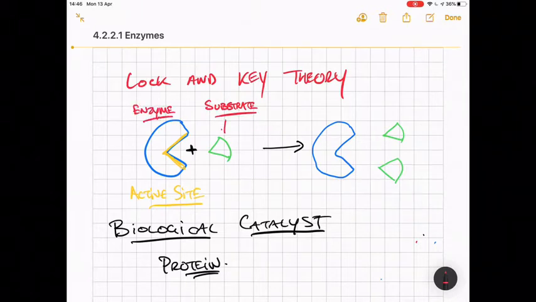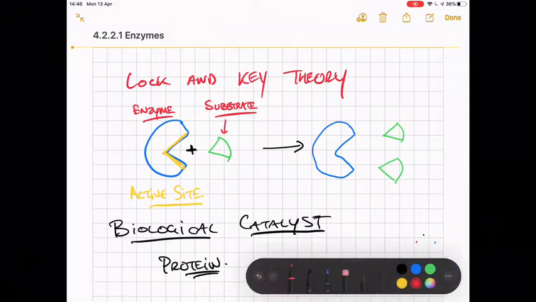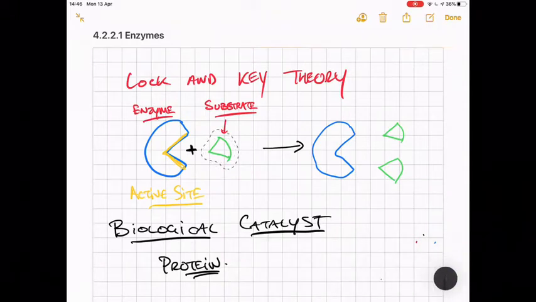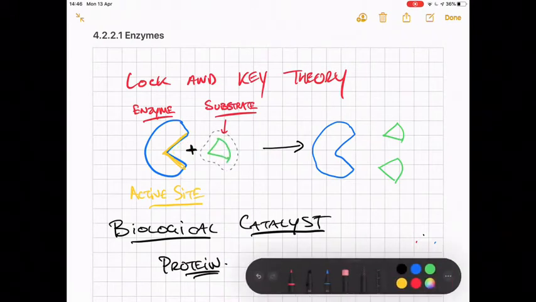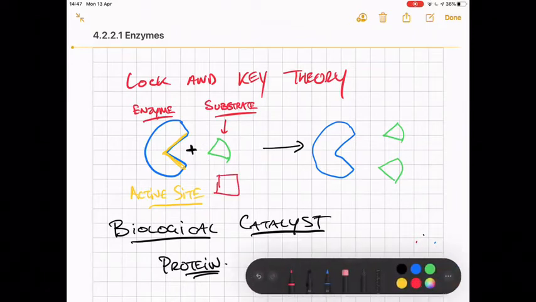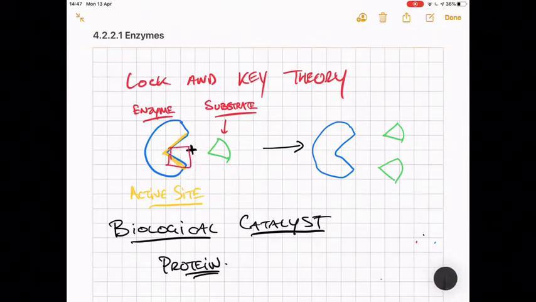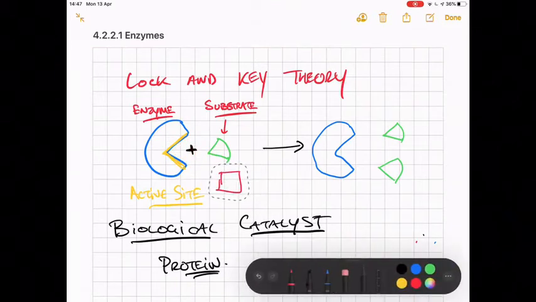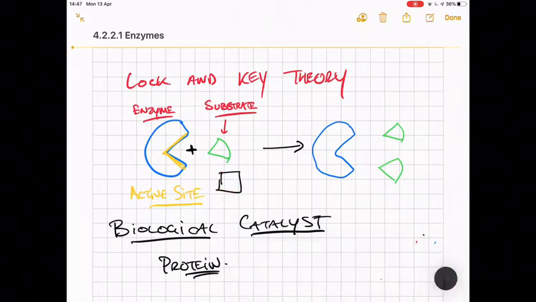So if this is the enzyme here, the active site at the front, this is the substrate or the reactant. And you can see the substrate fits perfectly into the shape of the active site. Different substrates that the enzyme isn't specific to would not be able to fit into the active site and would therefore not be catalyzed by the enzyme.